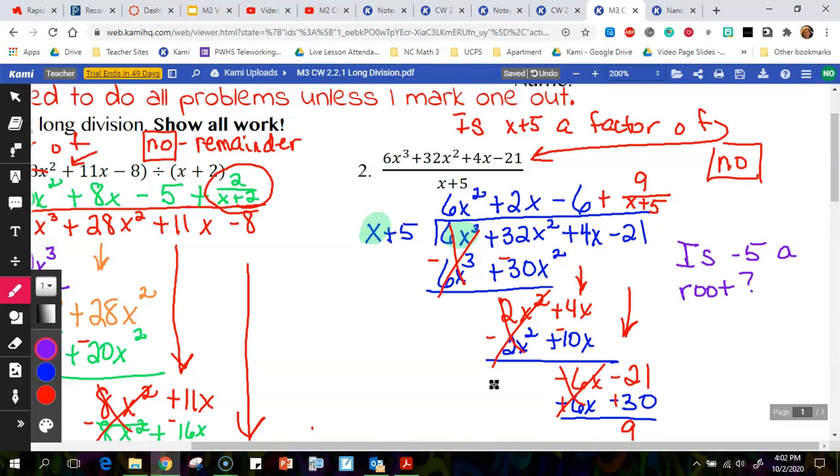Because you remember this right here, this is called a factor. This is the thing that goes in parentheses. If x plus 5 is in parentheses, the root is actually negative 5. And you remember doing that from last week. So is negative 5 a root? No, because there's a remainder.